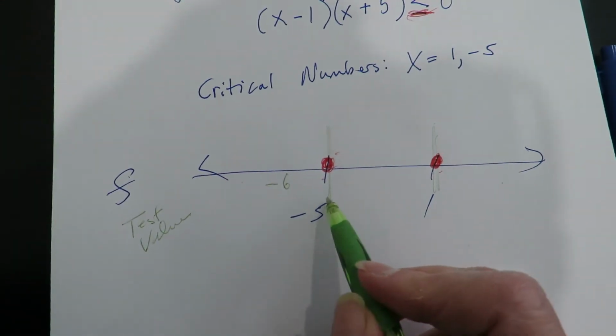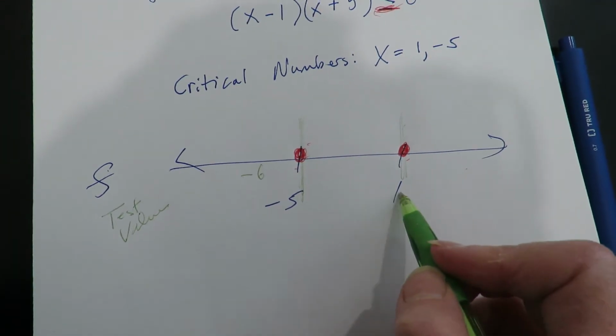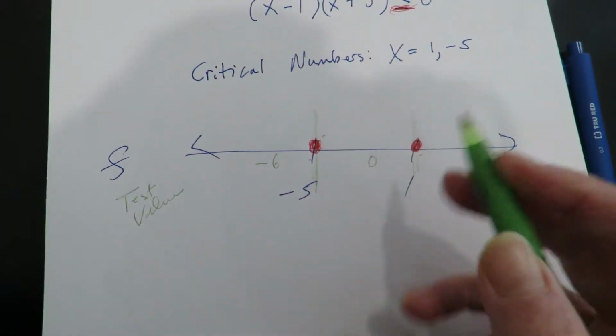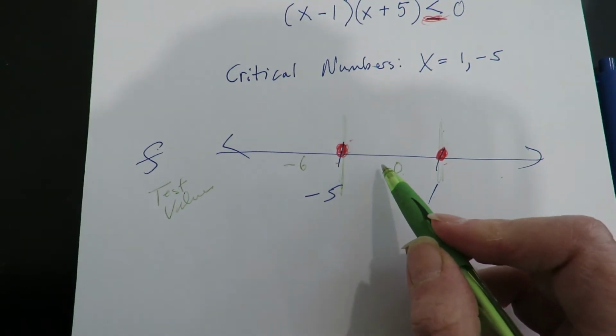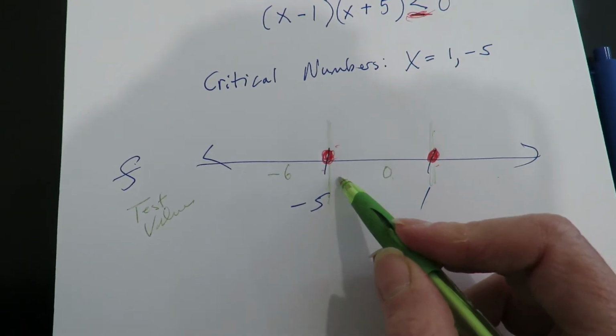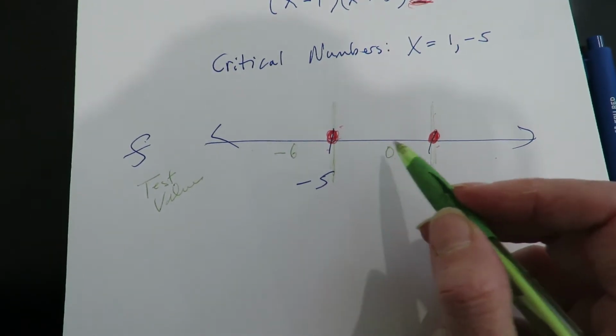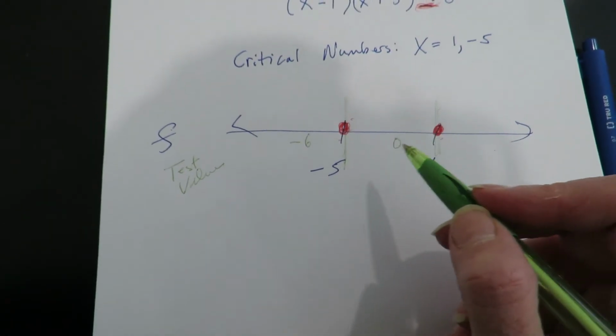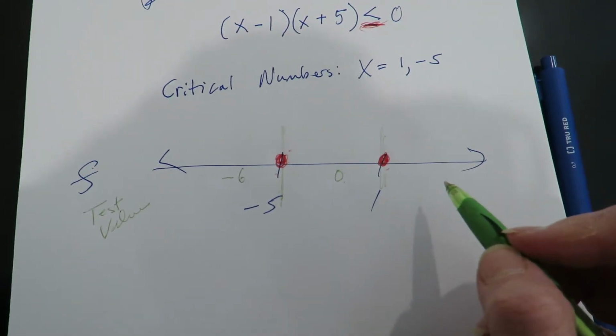Now for this segment in between negative 5 and 1, I can pick anything in between. I'm picking 0 for a test value, but I could pick negative 1, negative 2, negative 3, negative 4. I could even pick fractions. There's actually an infinite amount of numbers in here if we go into decimals and fractions.